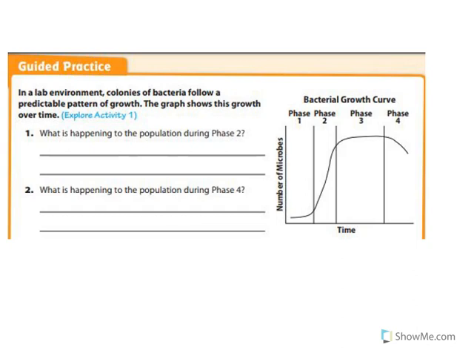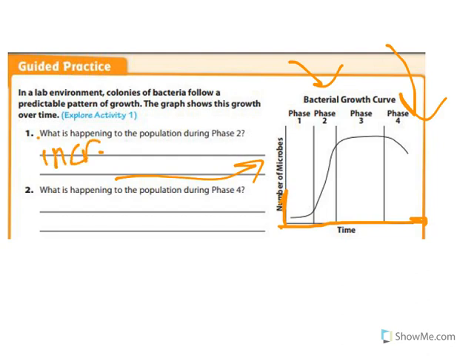So good practice here, and again, eerily connected to what's going on in our world today with the virus. You'll see bacterial growth, and you'll see this a lot in the news today. They talk of the graph, the curve of the virus, what's happening. So this is what this is basically asking you: what is happening to the population during phase 2? All right, so this is the time, weeks and months going across, and the number of microbes, the population of microbes. You'll see what's happening here is we're increasing at a very high rate, high slope.